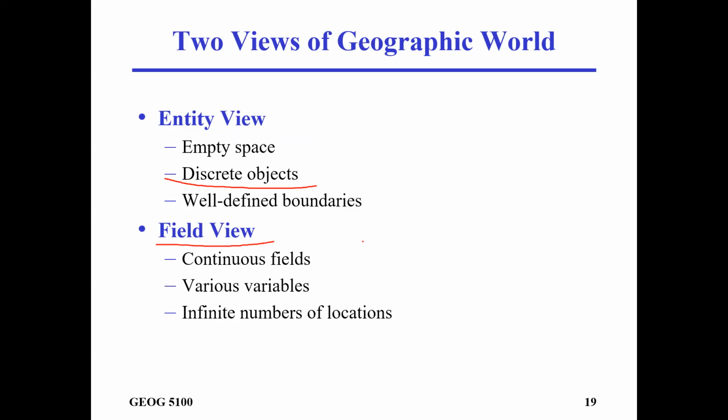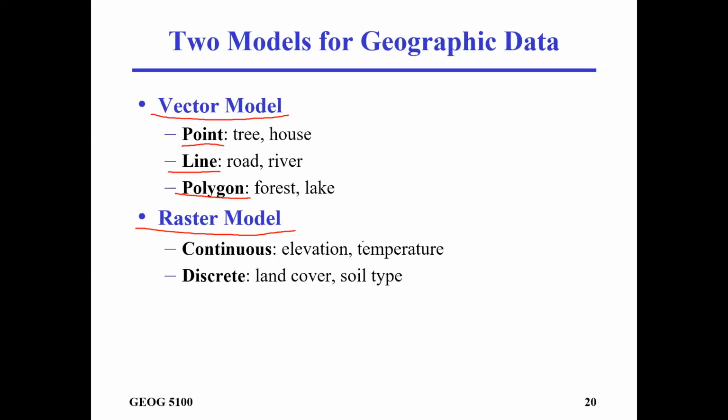These pixels are adjacent to each other to make sure there is no space unoccupied within an image, right? And you can consider each pixel as a discrete object.